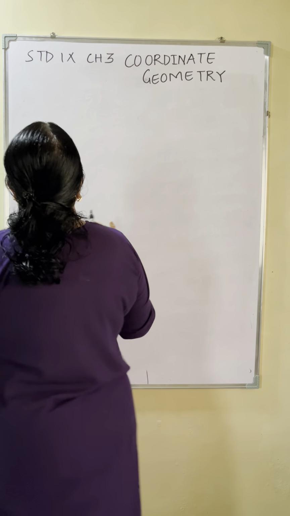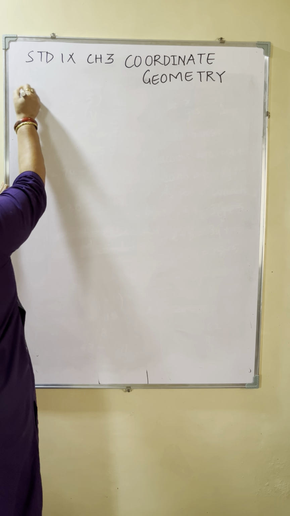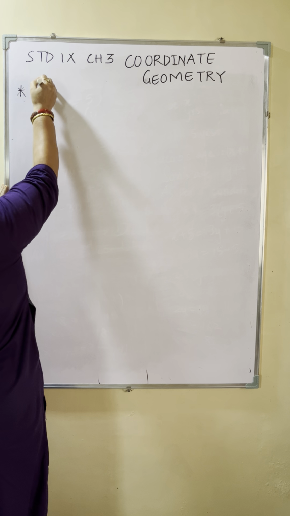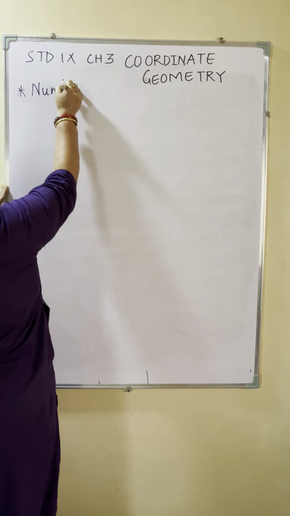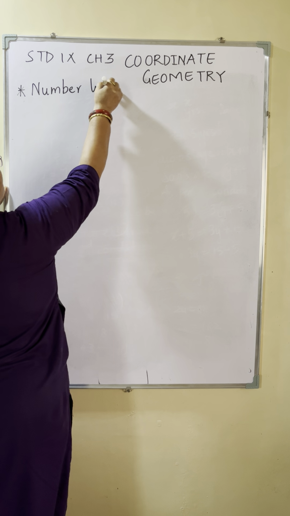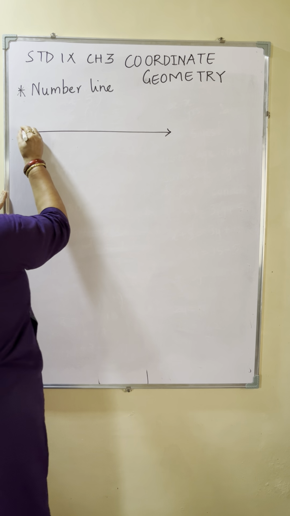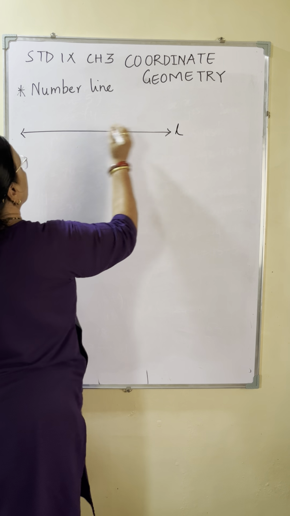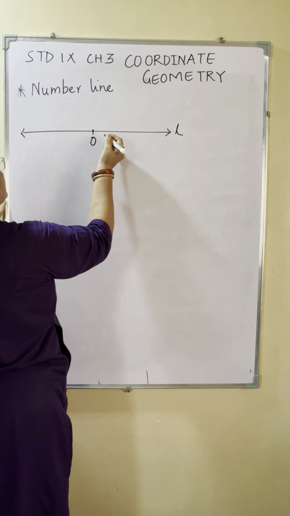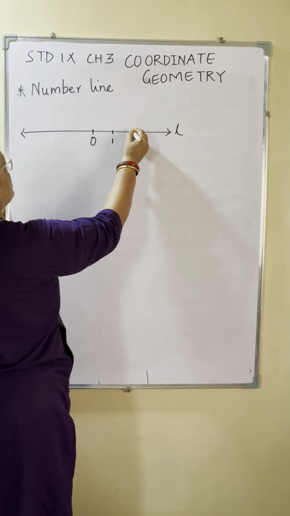Now suppose, first I will explain to you the number line. We all have studied about the number line. O corresponds to 0.